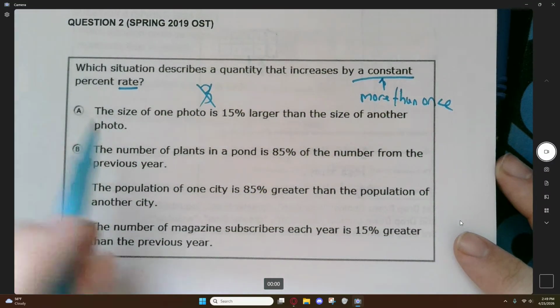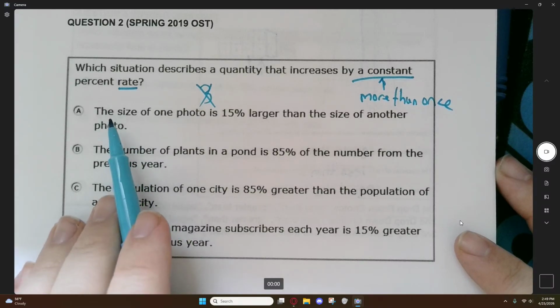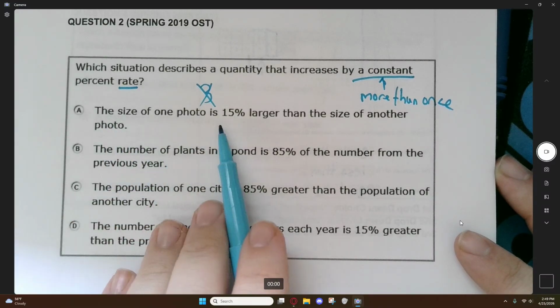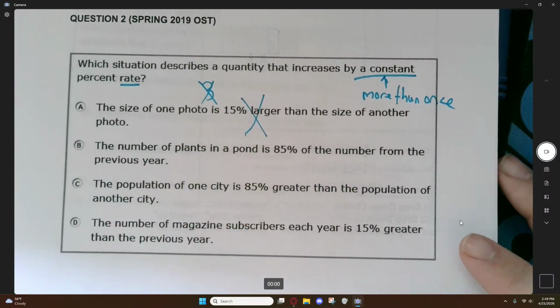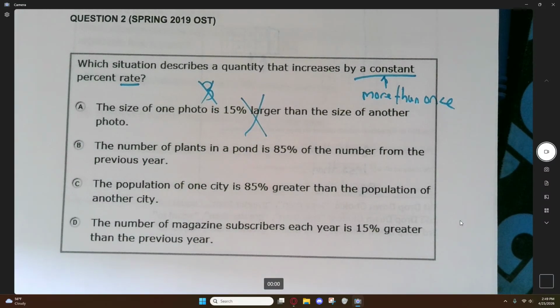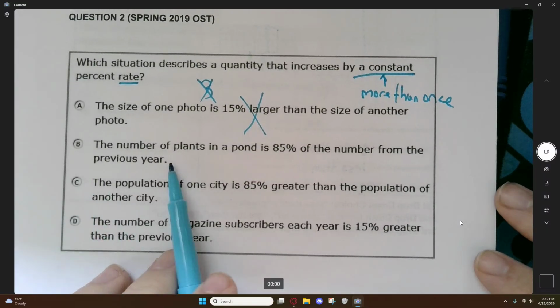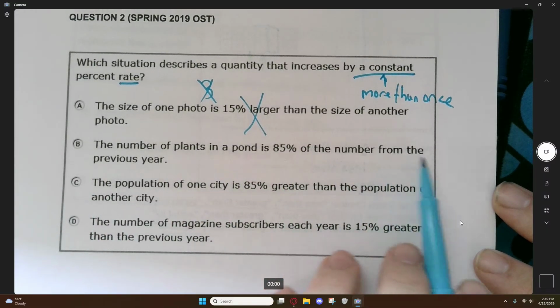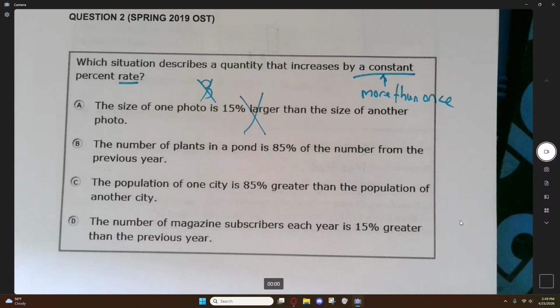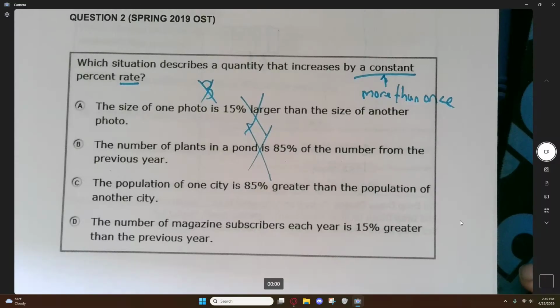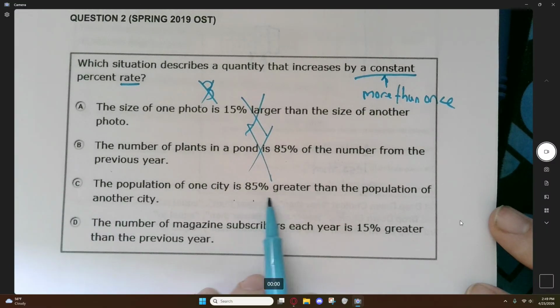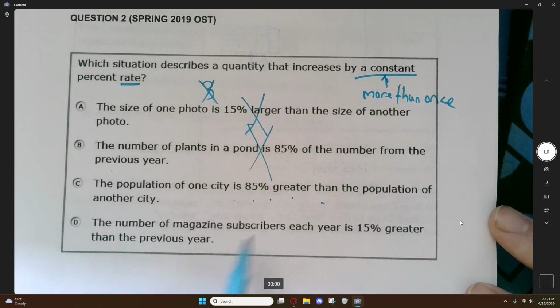Okay? They're constantly getting on my nerves. The size of one photo is 15% larger than the size of another photo. That's not happening more than once. That's just comparing two photos. The number of plants in a pond is 85% of the number from the previous year. Again, comparing 2 years, but that's not constantly happening. The population of one city is 85% greater than the population of another city.